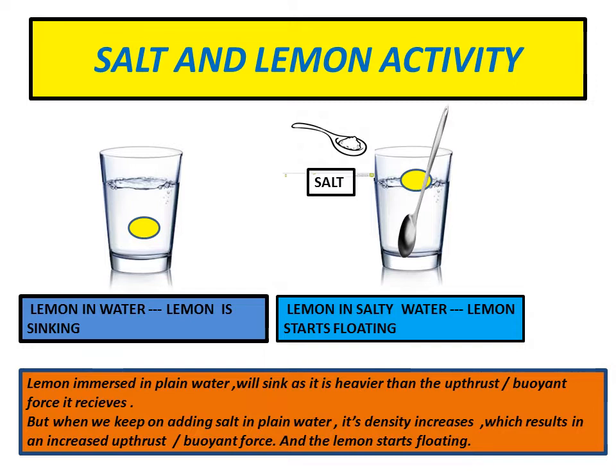But when we keep adding salt to plain water, its density increases, which results in an increased upthrust or buoyant force, and the lemon starts floating. What an interesting experiment! You should all do this at home and know the magic of science.